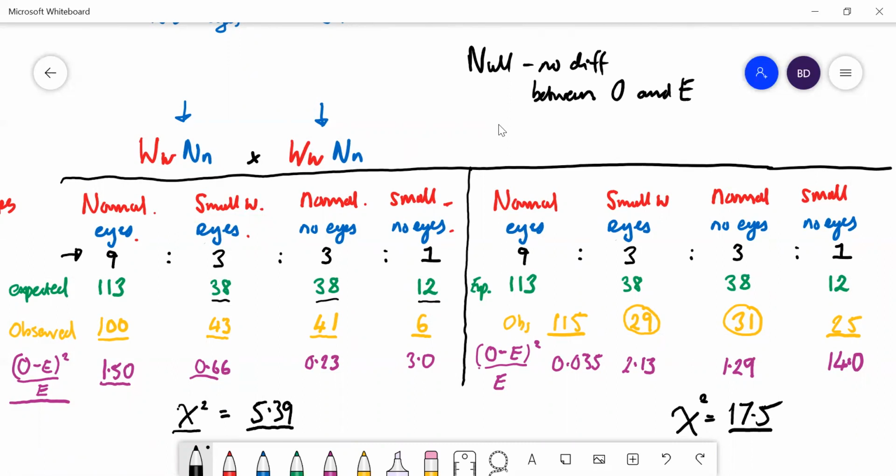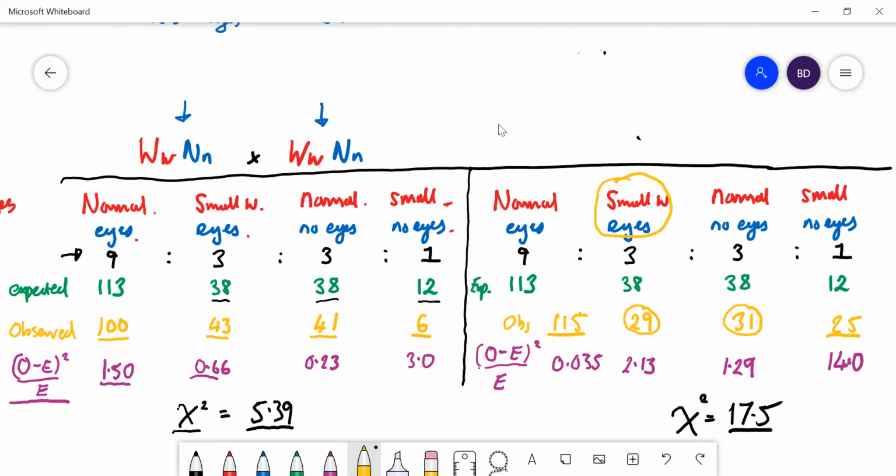That is definitely not the case for this experiment down here, is it? And as we say, the main problem is with these two things here. When you've got a single mutation, you're not getting enough of those. You get far fewer of those than you would expect. The numbers are a little bit down.